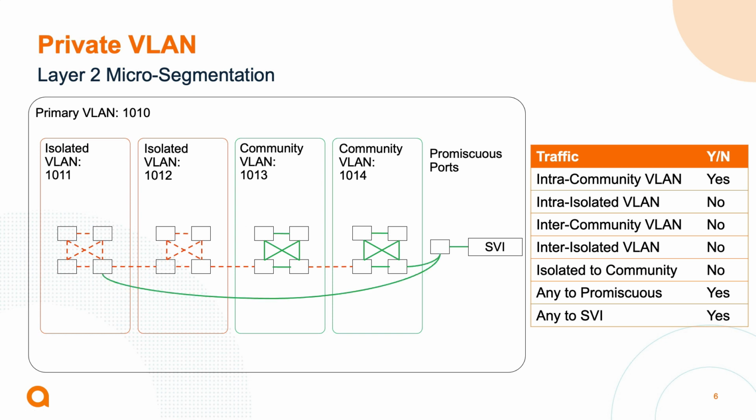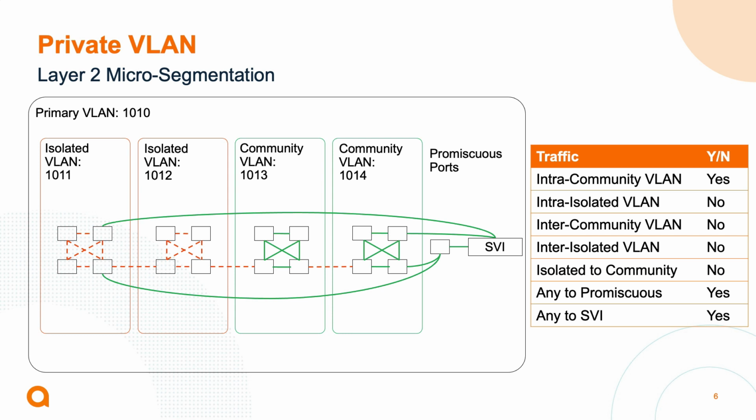However, all ports can connect to the promiscuous port independently of what secondary VLANs they are located on, and they can all communicate to the VLAN interface.